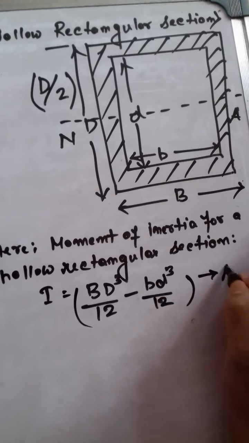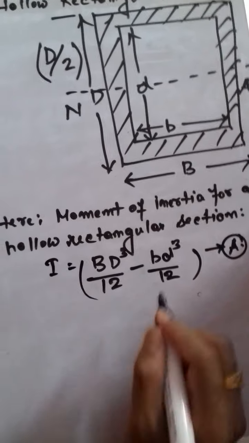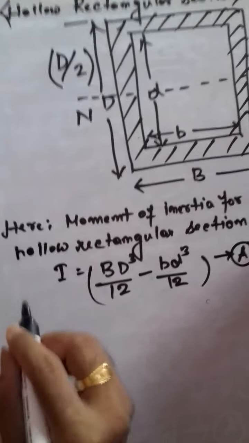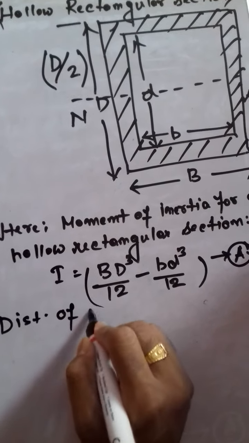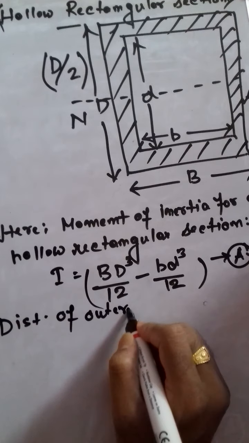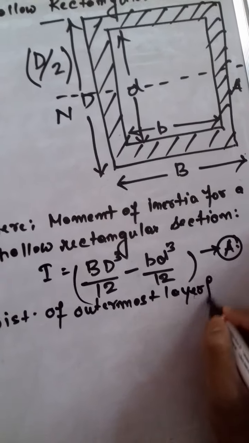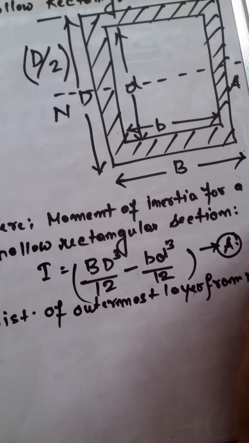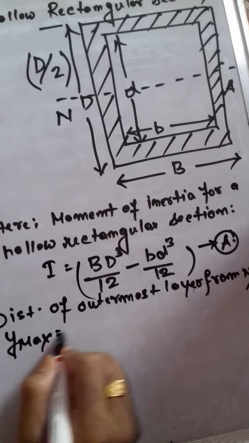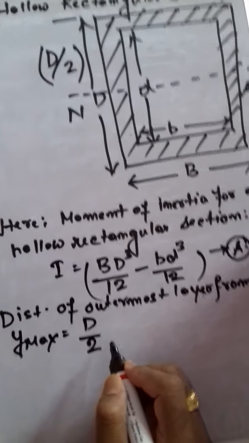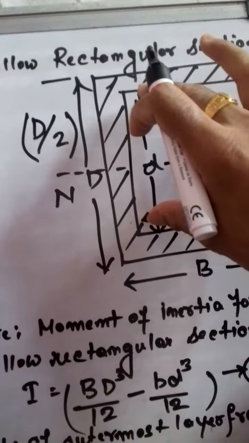This is the moment of inertia for a hollow rectangular section, right? Now coming to the distance of the outermost layer from the neutral axis, that is equal to y maximum. Y maximum will always be equal to big D by 2, because the outermost layer comes at the end of the overall depth, not at the end of the internal depth.